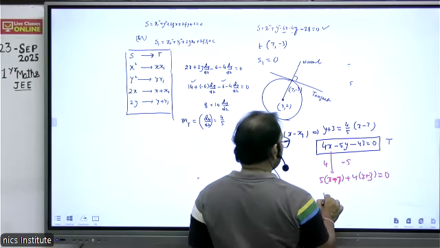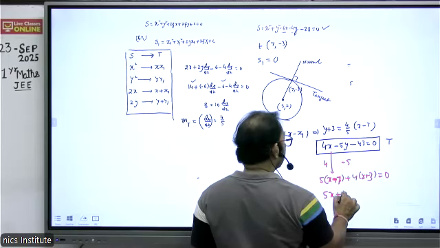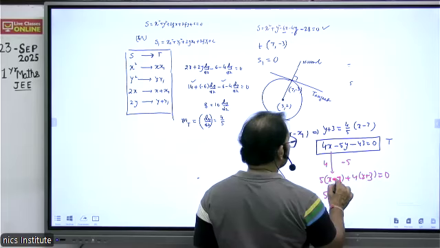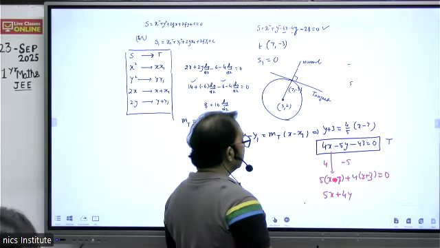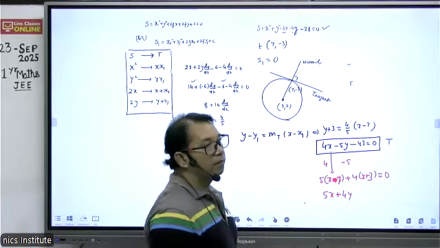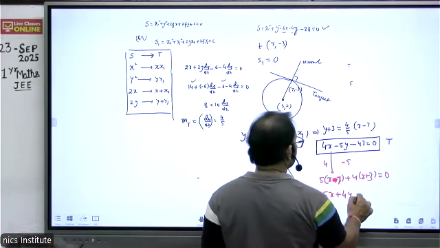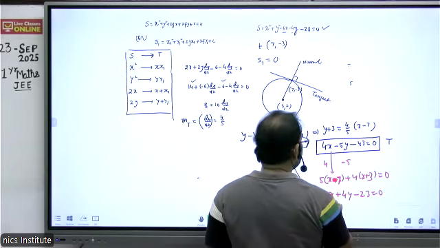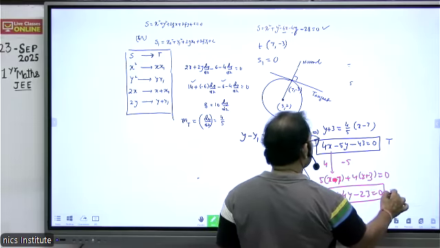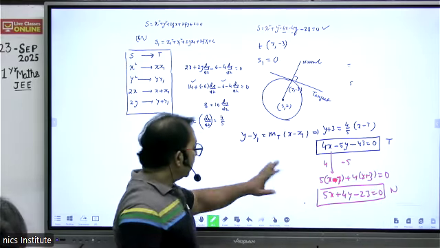So this is the normal equation. 5x plus 4y ये कितना हो गया? -35 plus 12. So normal is quite normal. ये आ गया.